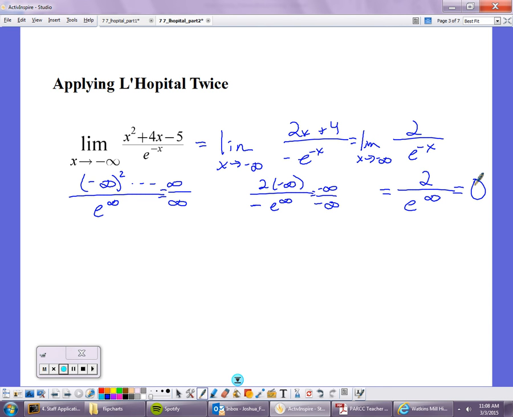The denominator is going towards infinity, the numerator is staying constant, so we end up with 0. So what we had to do was use L'Hopital twice. But again, really important, each time we have to try direct substitution and see if that works. If it doesn't work, we can do L'Hopital again.